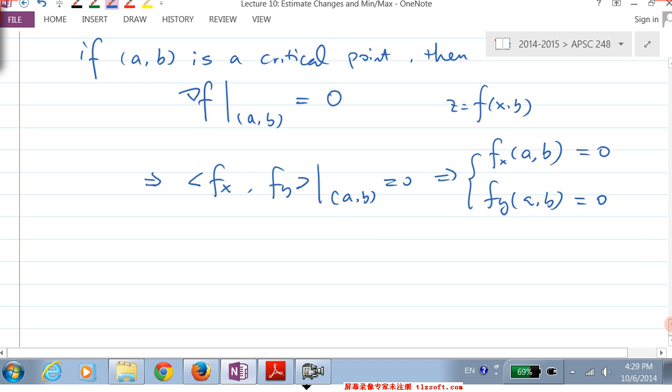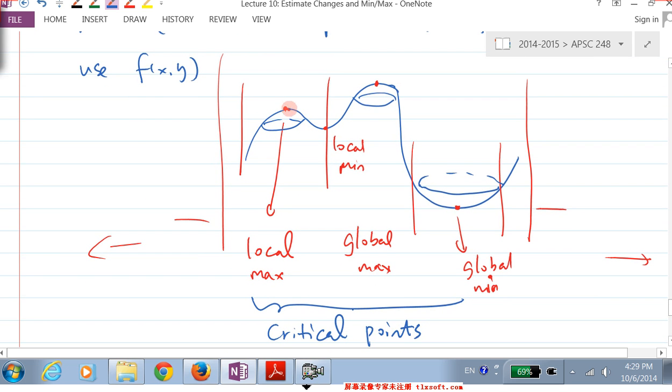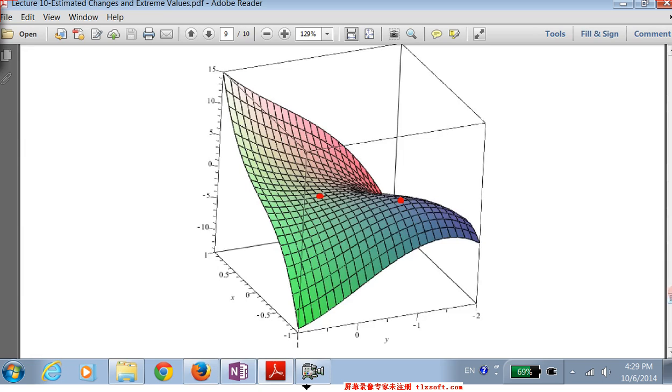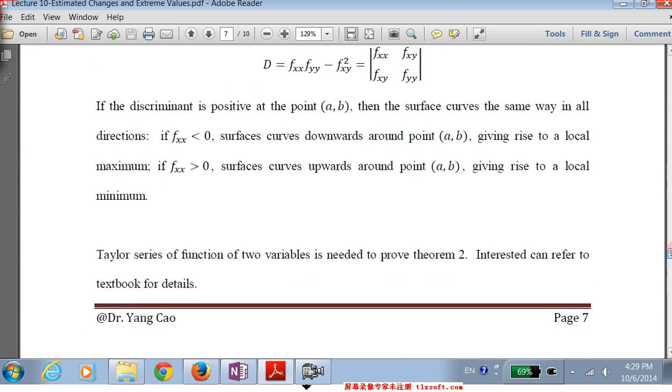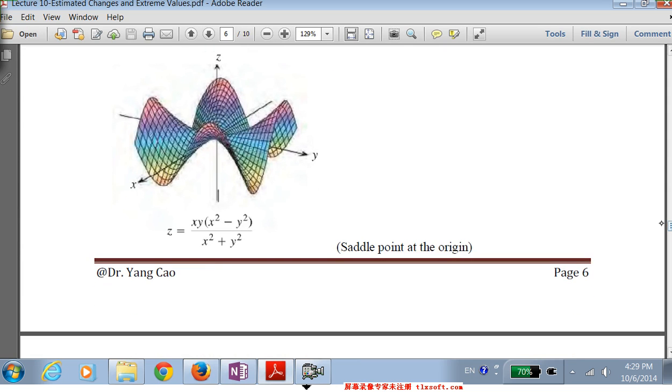Now, in this graph right here, I graphed two very extreme cases, so maybe local minimum or local maximum. But if you remember in the lecture that we're trying to graphically show the function, there is one particular function I graphed, which is called a saddle, right?